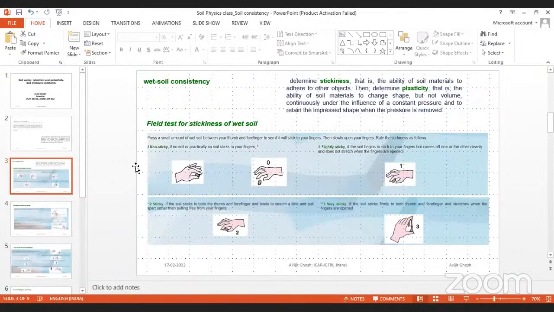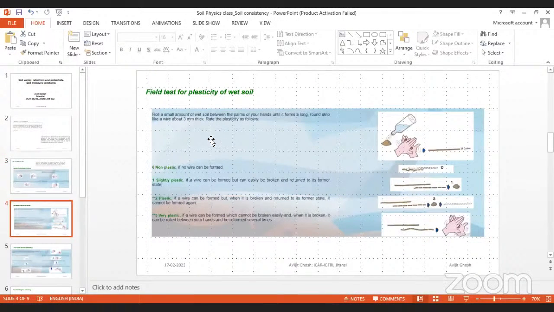This was stickiness. And now for plasticity, we have to rub a small amount of soil within our palm up to a wire of 3 millimeter thickness.